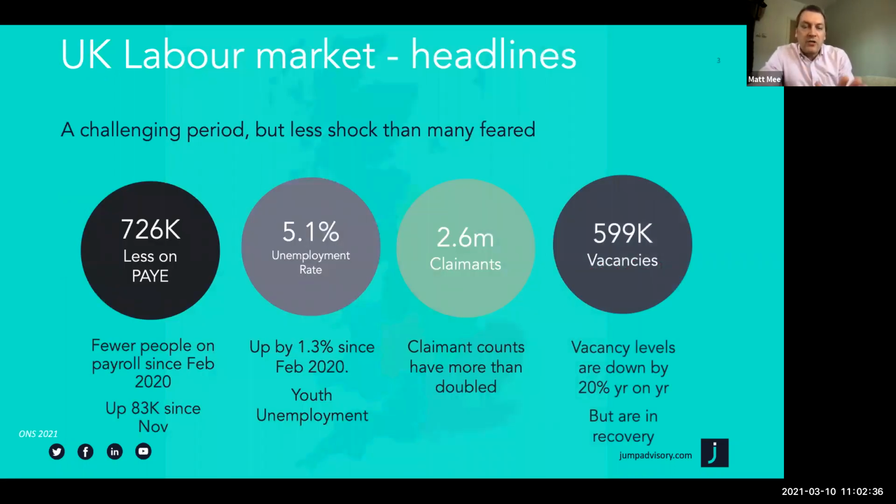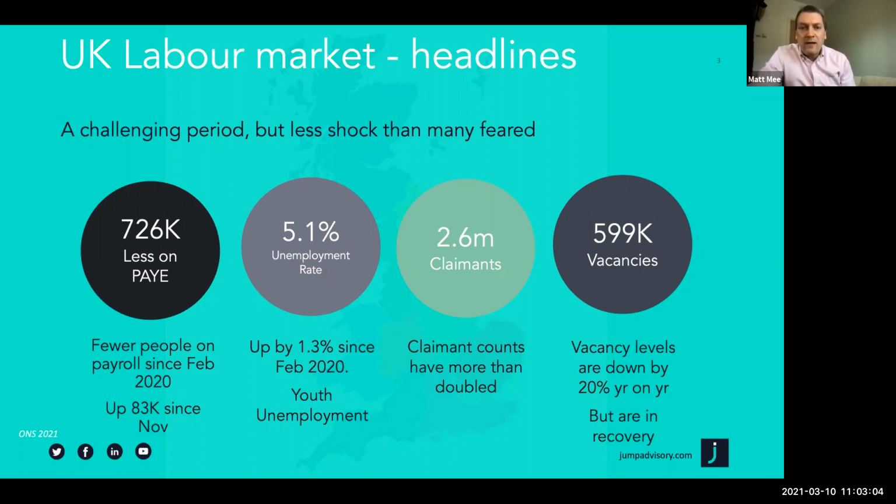So let's get straight into it. So challenging period, right? We've all had quite a year, I think you'll all agree. So where are we in terms of those macro trends? So nearly 750,000 people less on PAYE as they were a year ago as we entered the first lockdown. But signs of slight recovery there, in that it's taken a turn for the better in the last reporting period, with 83,000 more now on payroll, which is good news.